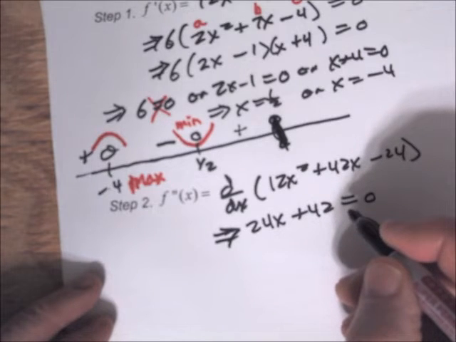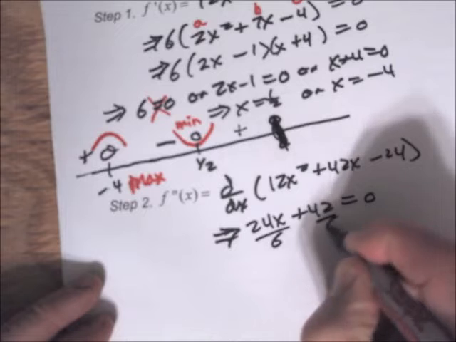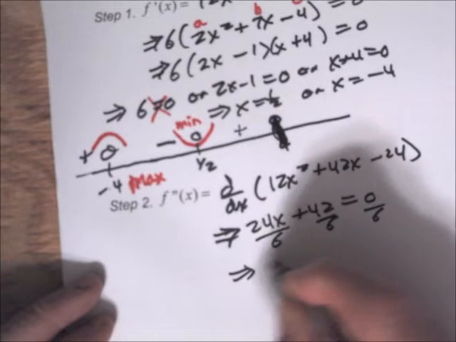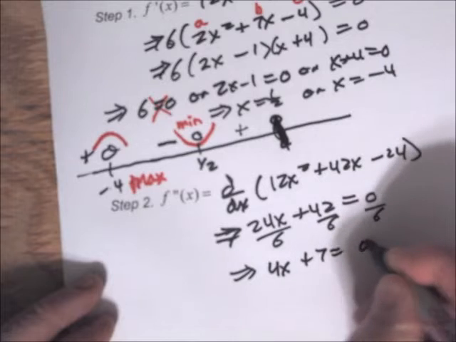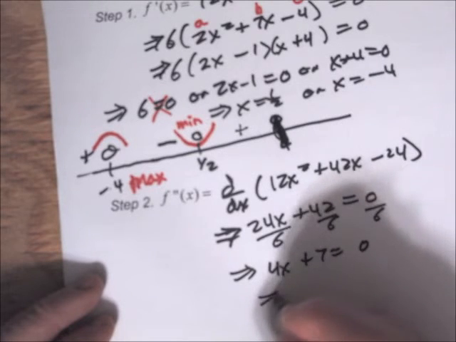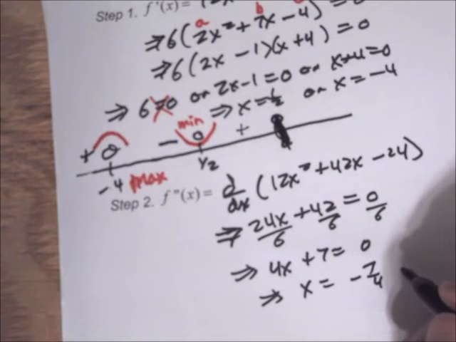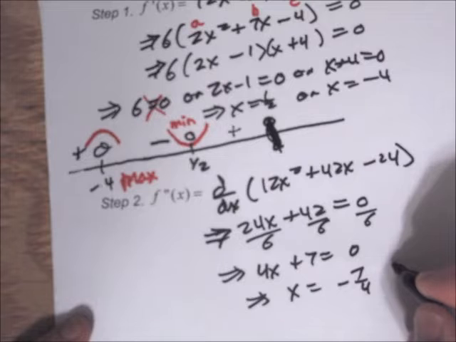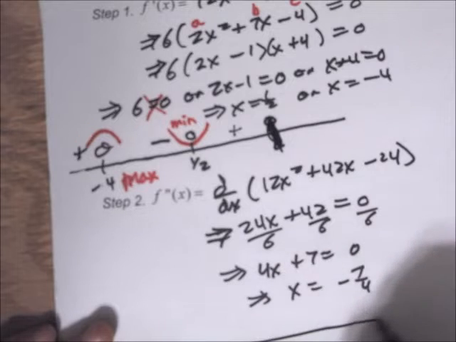We could divide everything by 6 here. So we have 4x plus 7 equals 0, and that means x is equal to negative 7/4. So we're going to have an inflection point, where it changes concavity.